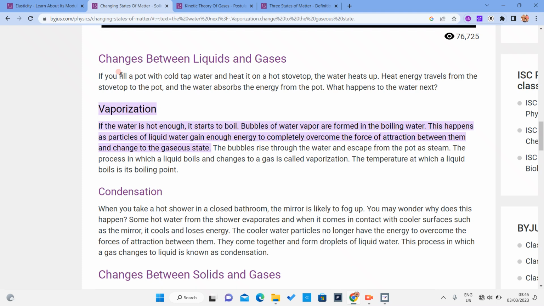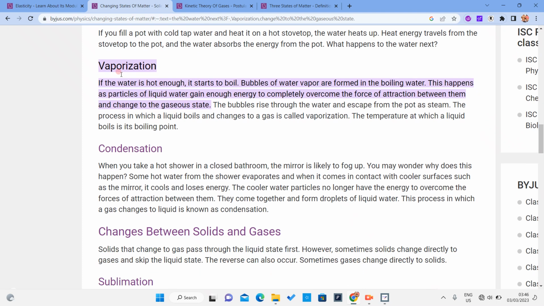Now talking about changes between liquids and gases. So you have vaporization. Vaporization is when you are increasing the temperature of the substance, so that the liquid now changes to gas, changes to vapor, which is one of the reasons why they call it vaporization. And it usually occurs at the boiling point. While condensation is you taking it away from the gas.